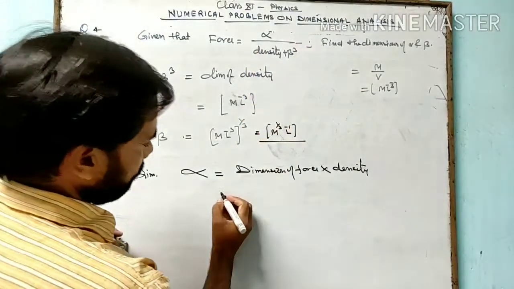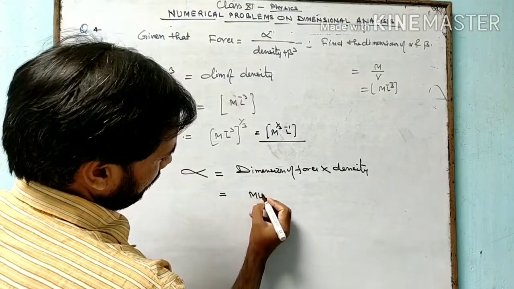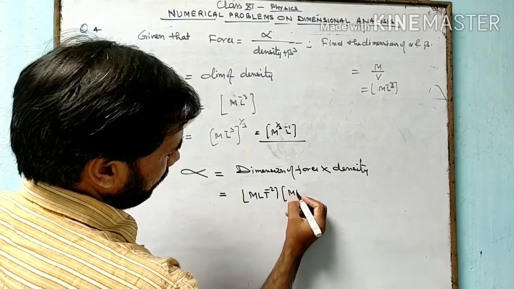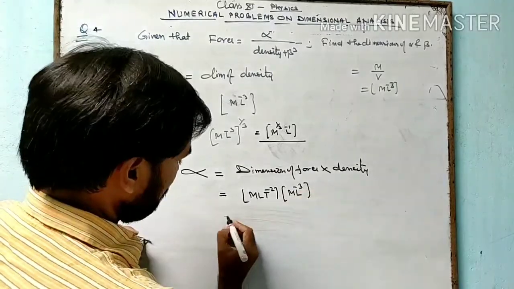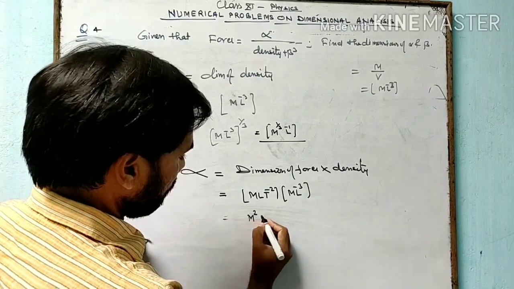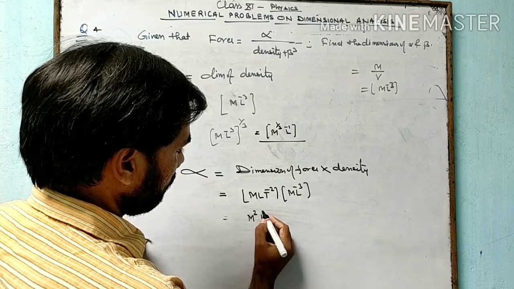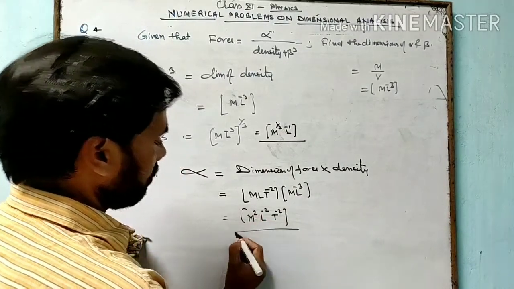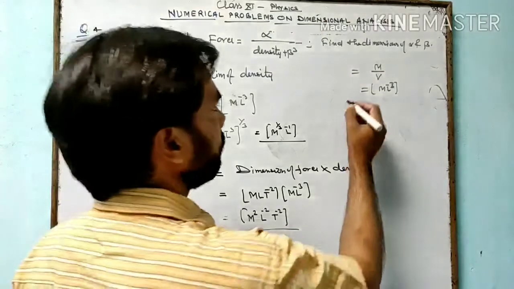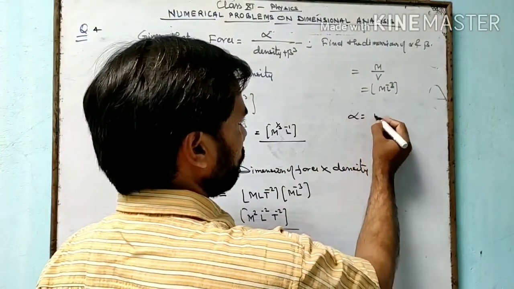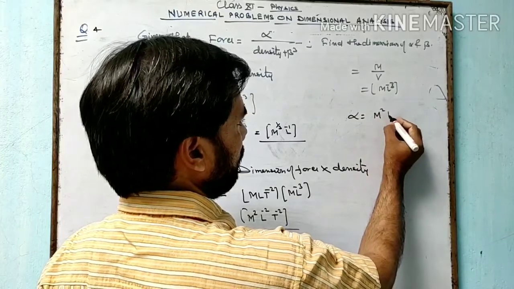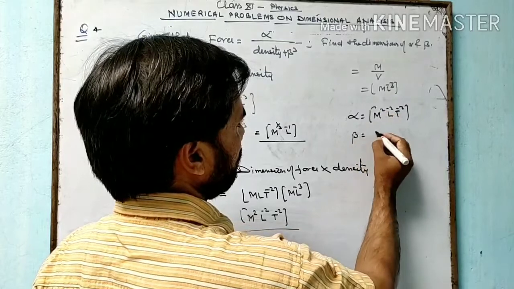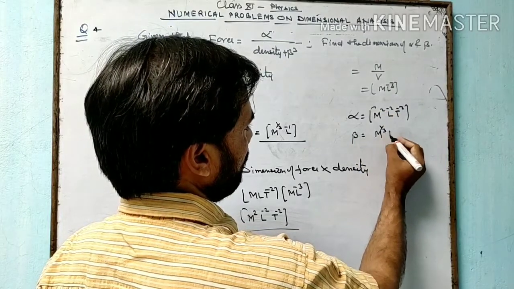So the dimension of force, as you know, is ml t minus 2, and the dimension of density is ml minus 3, so it is equal to m raised to the power 2, l minus 2, t minus 2. This is the dimension of alpha. So alpha is m square l minus 2 t minus 2, and beta has dimension m to the power 1 by 3, l minus 1.